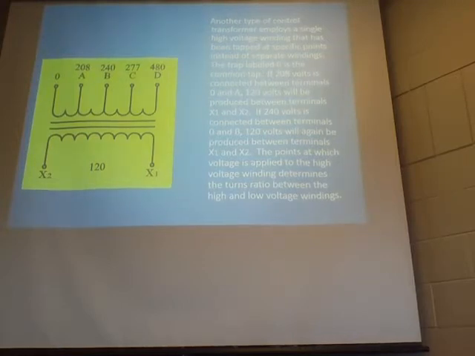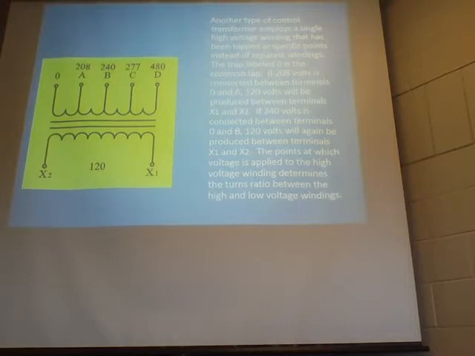Another type of control transformer employs a single high voltage winding that has been tapped at specific points instead of separate windings. The tap labeled 0 is the common tap. If 208 volts is connected between terminals 0 and A, 120 volts will be produced between terminals X1 and X2.